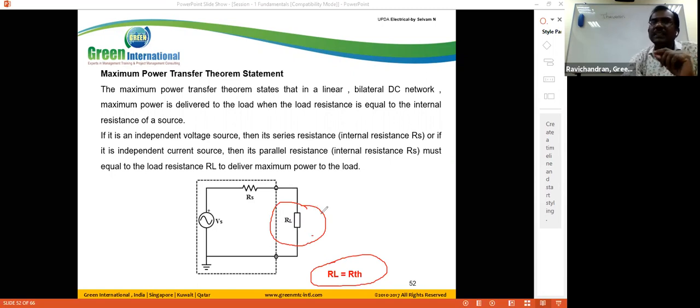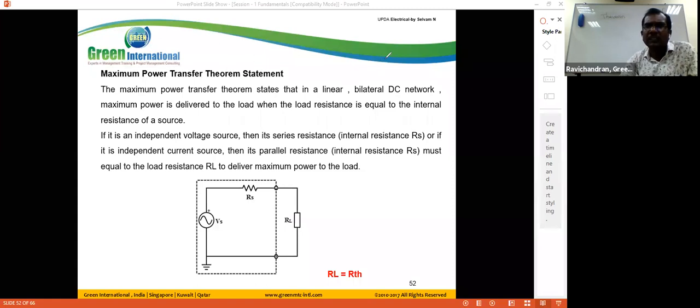Why? We use transducers to get some samples. We get millivolts in the transducer and feed them to the amplifier, and the amplifier amplifies the millivolts to a higher value. Here we don't need efficiency, we need maximum power transfer from the transducer to the amplifier. So in general, electronic circuits use maximum power.